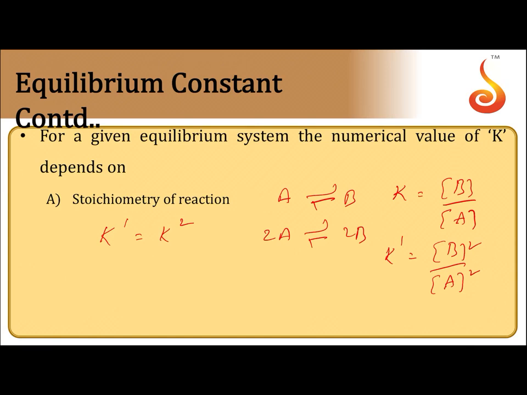If I divide throughout by 2, meaning half of A giving rise to half of B, then the new K dash will be equal to the square root of K. Multiplying throughout by 2, it will be squared; dividing by 2, it is going to be the root.